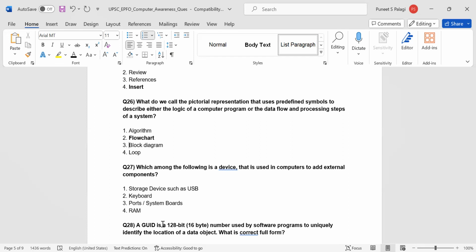Okay. So algorithm does not have any symbols. It's not a picture. It's just steps. Okay. So if you want to write a certain program, what are the steps? How will you plan that program? Okay. So that is known as an algorithm.